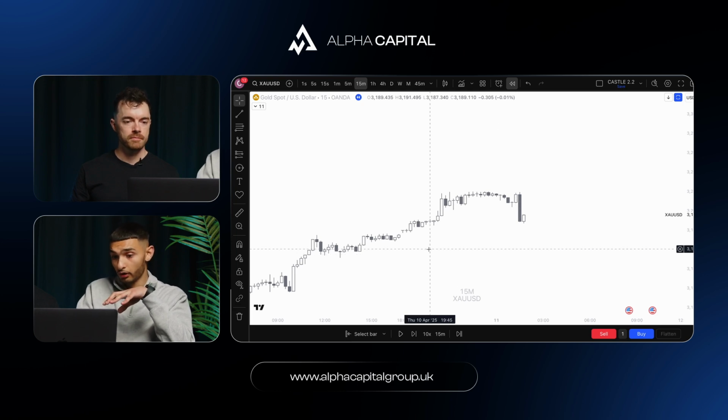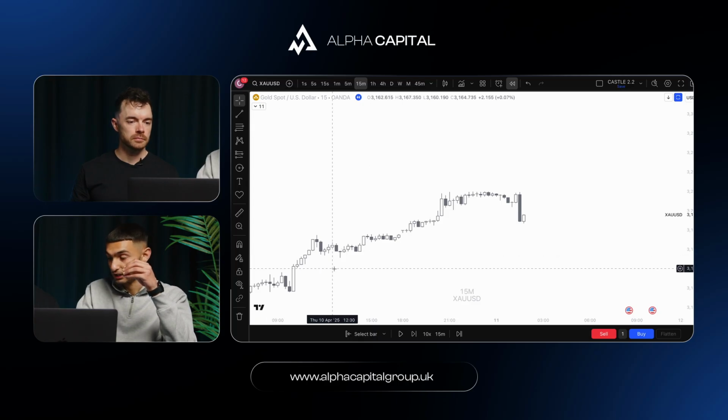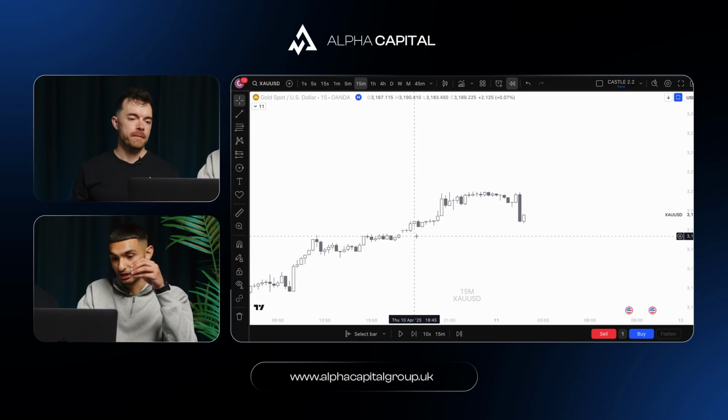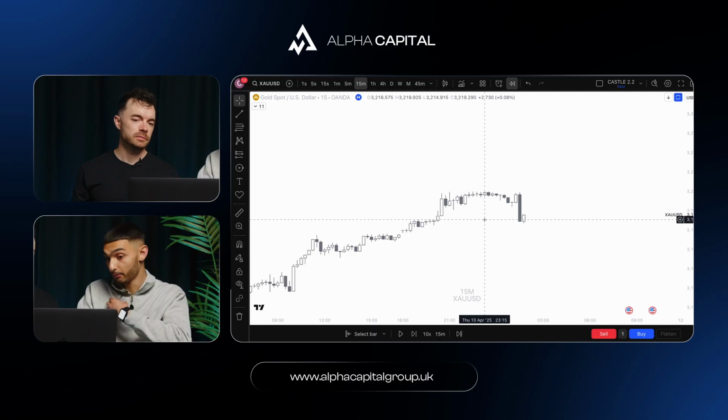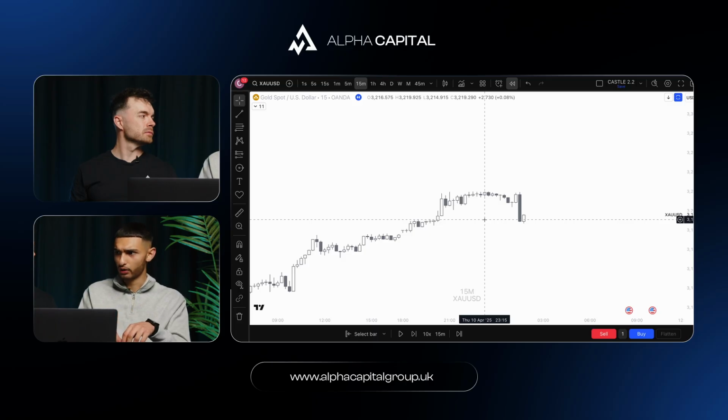Where the distribution came was already pre-New York, and then we started to see more accumulation. And then I personally saw, I can't remember what actual economic news it was, but it gave the reason for the trade to go so much down.